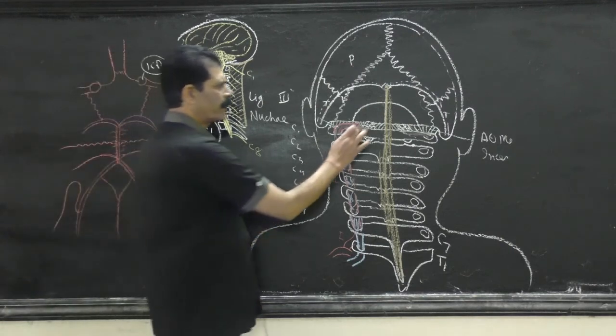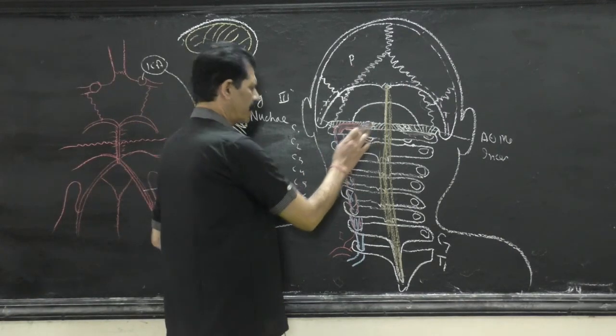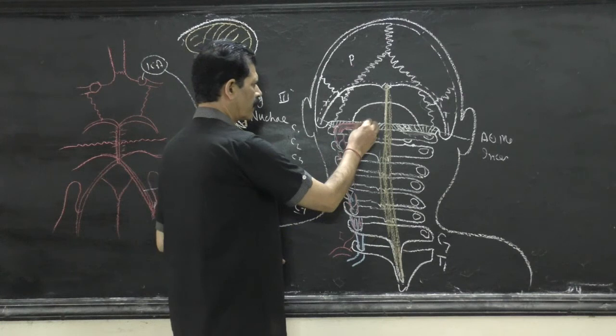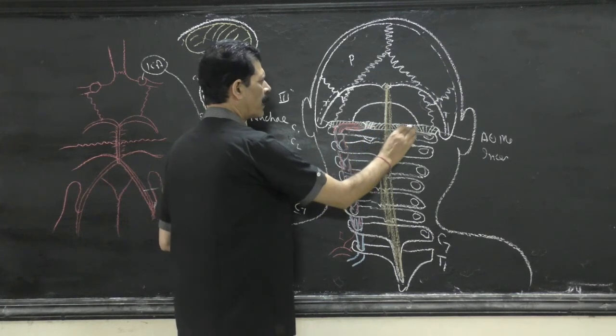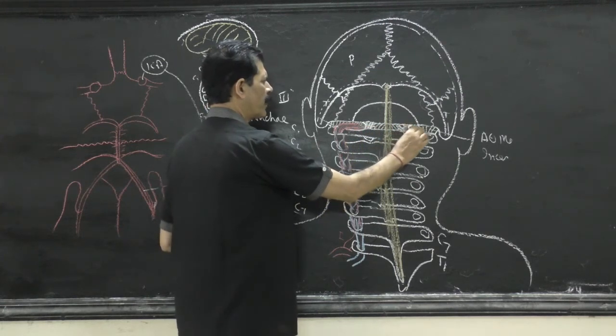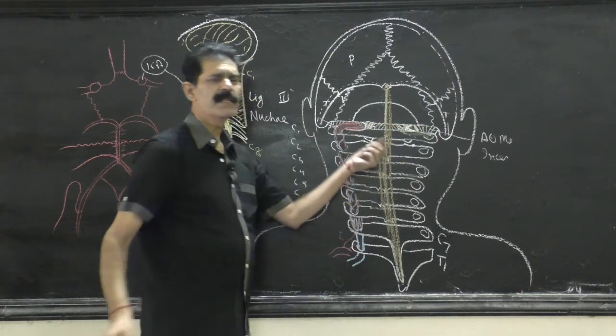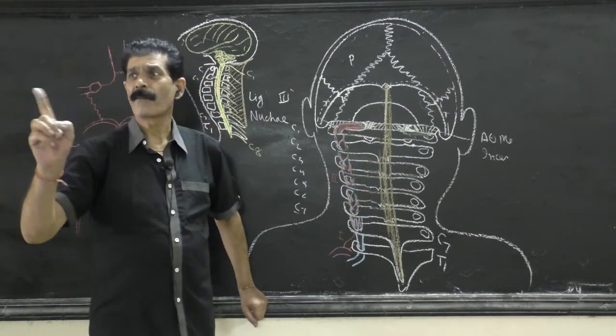Then for this artery, there is already a hole waiting, a hole in the Atlanto-occipital membrane is waiting for the artery. That's why we say this membrane is not complete.